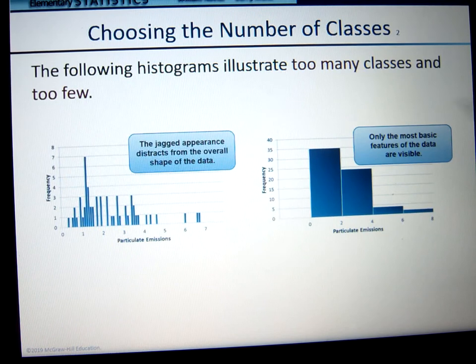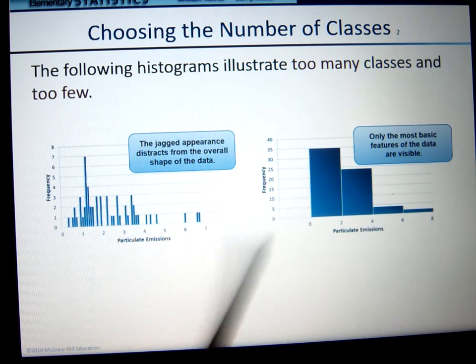Here's an example where we have a whole bunch of tiny little widths. We get this little jagged appearance, and these look like lines. 1, 2, 3, 4, 5, 6, 7, 8, 9, 10, 11, 12, 13, 14, 15. Looks like we have maybe 50.